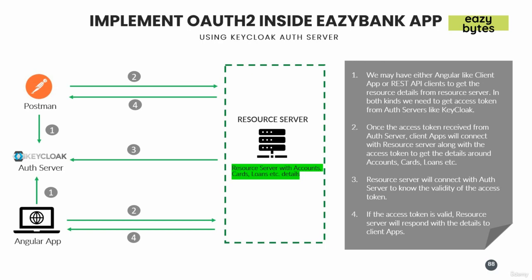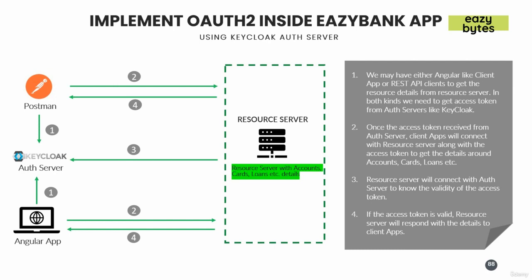Once the auth server gives an access token, in the second step, the application will pass that access token to the resource server and try to invoke any API exposed by it, like accounts, loans, or cards. Once my resource server receives the access token, it will validate whether the access token is valid or not by connecting with the auth server. And at last, if the access token provided by the client application is valid, my resource server will respond with the data that my client application is expecting.